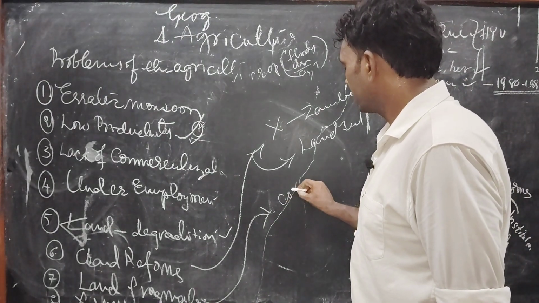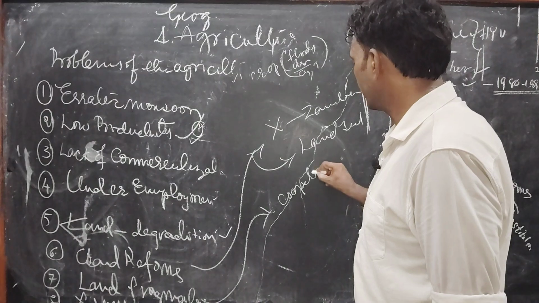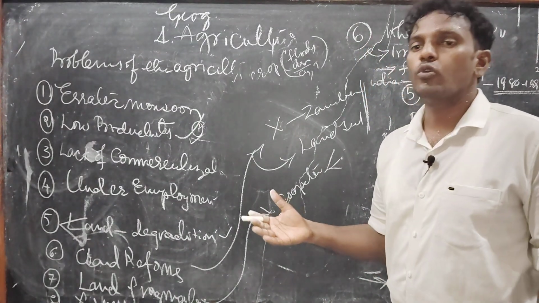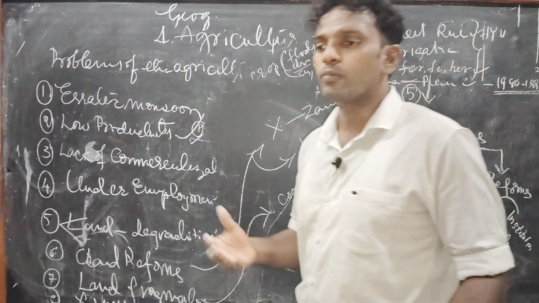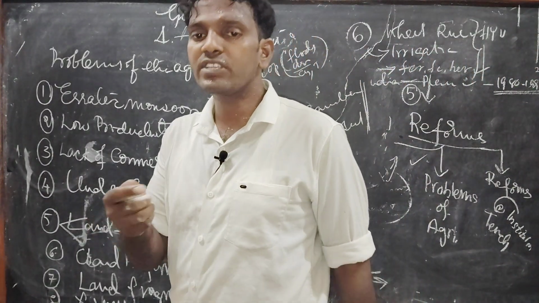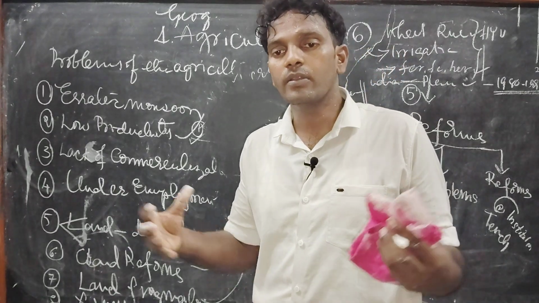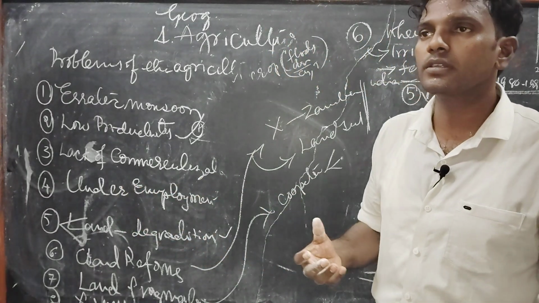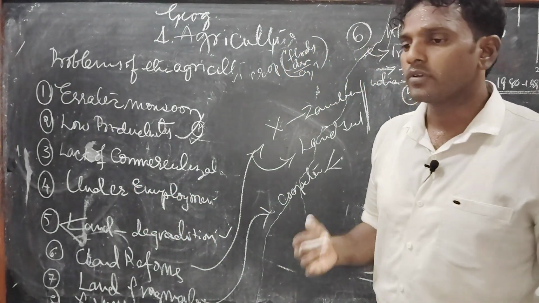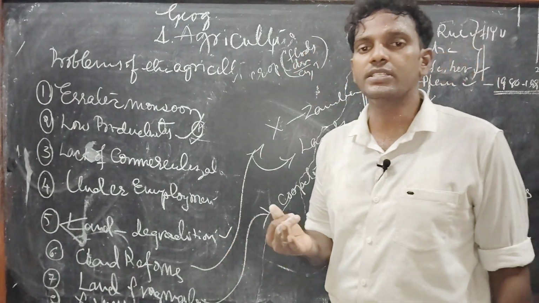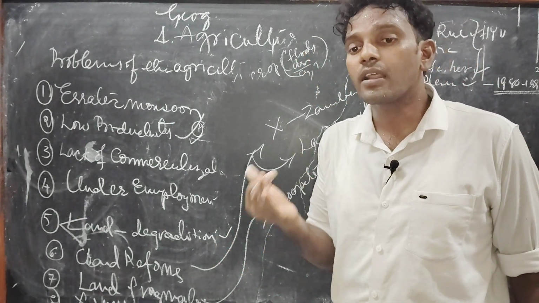cooperative farming. Cooperative means a group of people come together, pool their investment as well as their lands, and do agriculture based on cooperation. In this cooperative farming there are farmers, small landlords or peasants, and also some merchants.